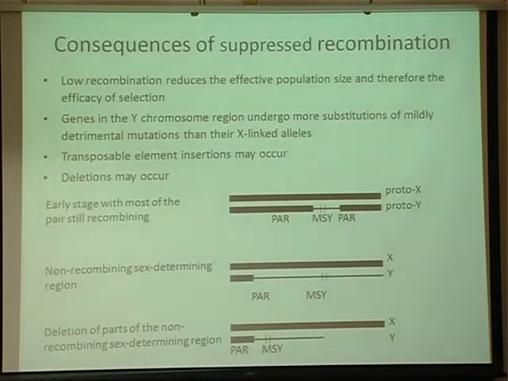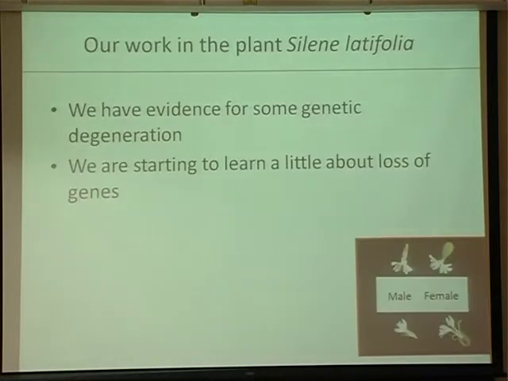In plants, we think it has reached the stage where the first two processes have happened, and the insertion of transposable elements explains why the Y chromosomes of plants are often very big compared with the X. Lots of insertions have occurred. And in later stages, like in humans, parts of the Y may become deleted, and that's why they have small Y chromosomes compared with the X.